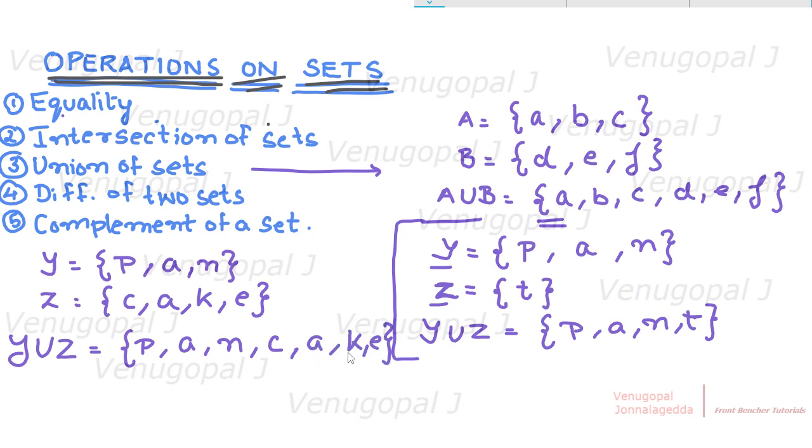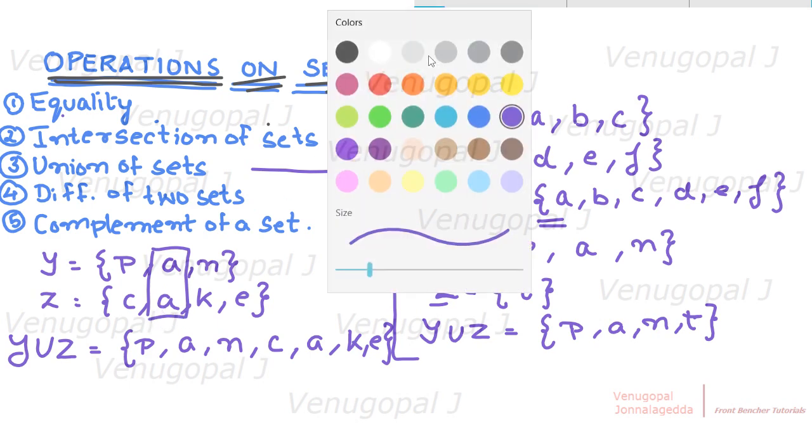So there is an exception which we spoke about. The exception is, whenever there are common elements, like the common elements of Y and Z, there is only one common element, which is A. Let me take another color.